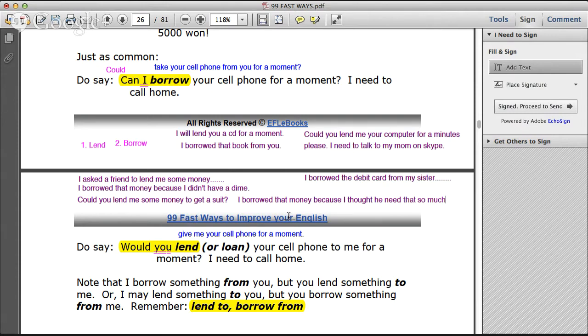This would be a little confusing, because in this moment you're saying that you took money from him because he needed a suit. That does not make sense. So we need to change the reason why you took the money.